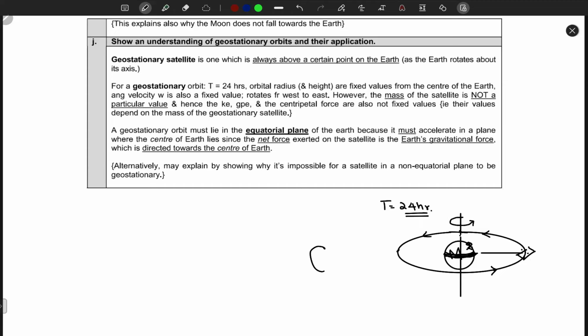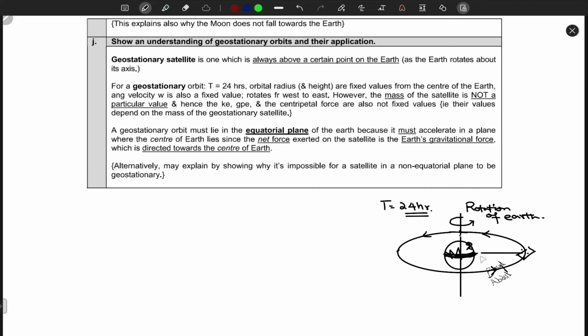Why? Because the observer standing on the Earth is rotating as well with the rotational speed of the Earth.